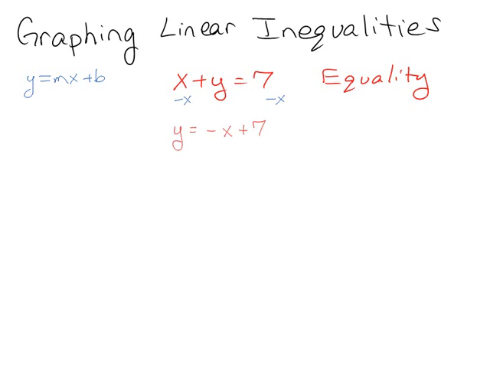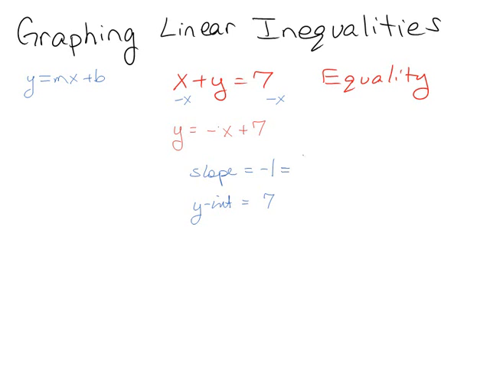So that gives me a slope of negative 1 and a y-intercept of 7. There's a secret coefficient of 1 right there, so it's negative 1 times x. So the slope here is negative 1, and the y-intercept is 7, which is that b thing.